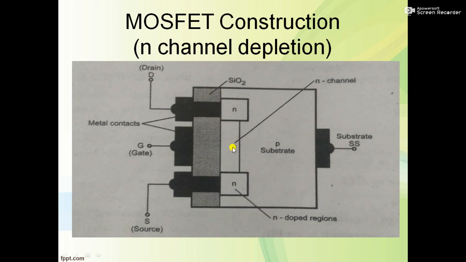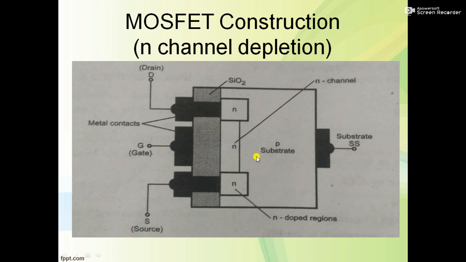So this is the construction of the MOSFET. In the basic construction of the depletion type MOSFET, this construction is the N channel depletion type MOSFET.